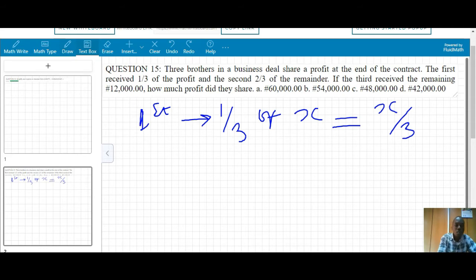Now the second is assumed to receive 2/3 of the remainder.